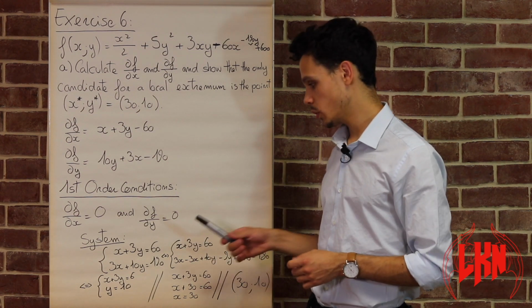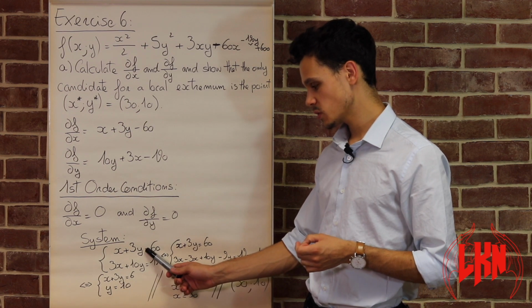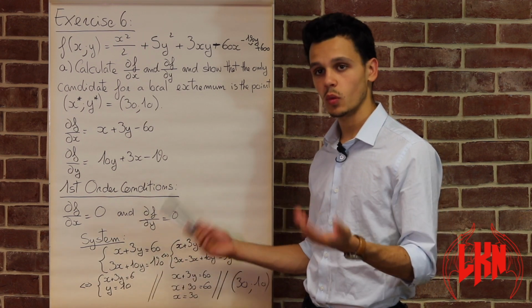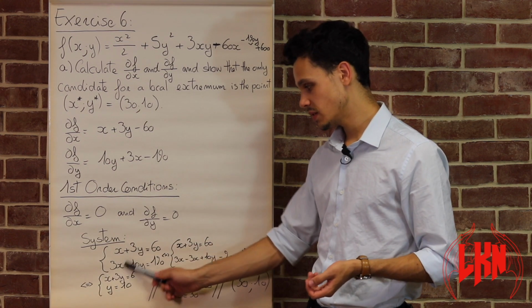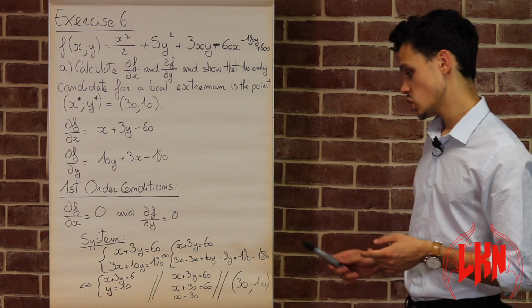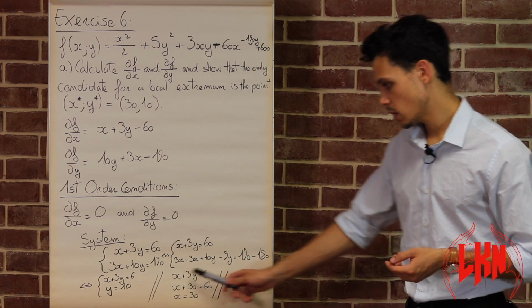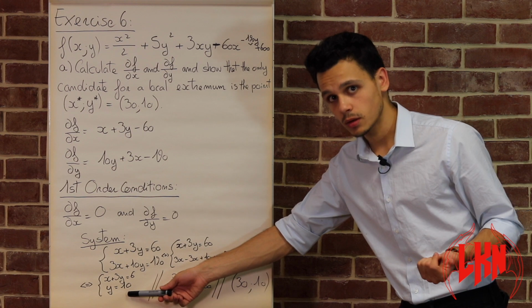Once we have done that, we will multiply the upper equation by 3 and subtract it to this equation, because once we have done that, we'll eliminate the x and have a clear expression of what y is. So we just do it right there, and we find that y is equal to 10.